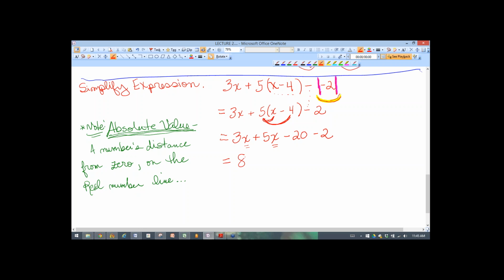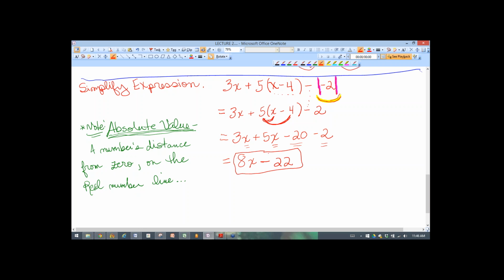Here we have 8 x's total. Then negative 20 minus 2. If I owe you $20 and I borrow $2 more, then in total I owe you 22.